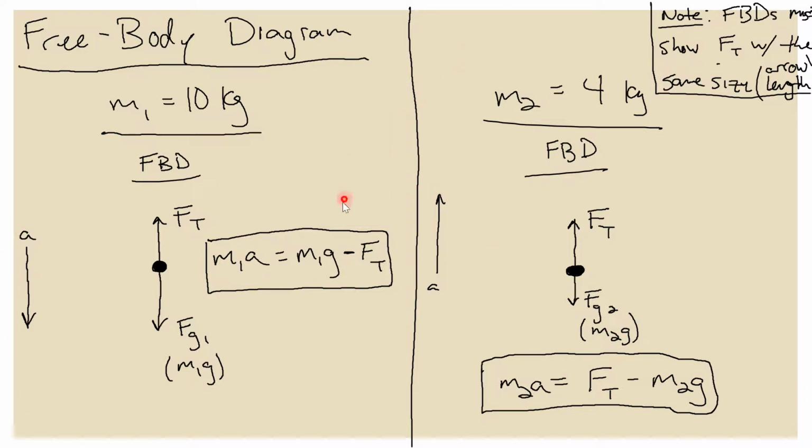So for one, the tension is going to be opposite the acceleration, and for the other, the tension is going to be in the direction of the acceleration. That means in these equations, the tension in one of them is going to be negative, and in the other one, it's going to be positive. And that means you can always solve these equations for the acceleration by addition.